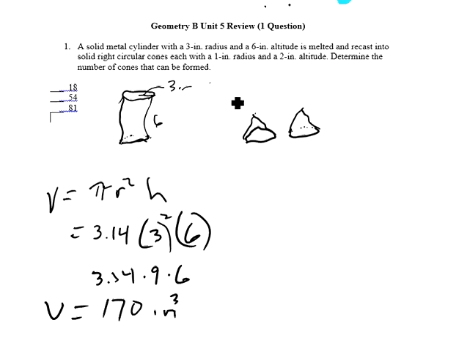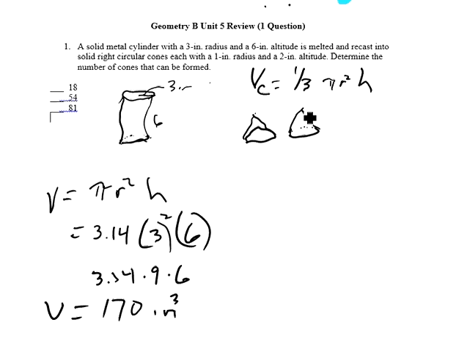Okay, now I need to know the volume of each cone. And the volume of a cone, from my formula sheet, is 1/3 base times height. And the base is a circle again, so it's pi r squared times the height.